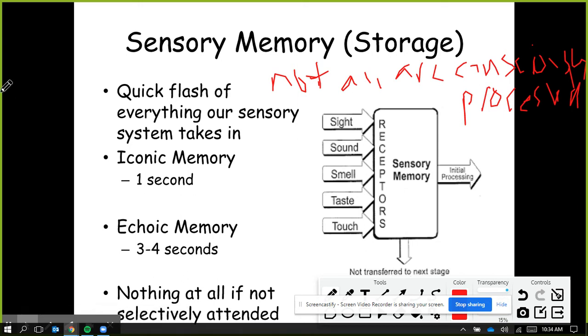The purpose of this level of memory is to briefly keep information around after the physical duration goes away.